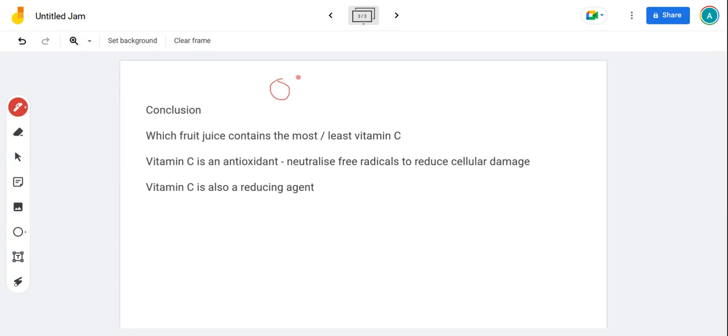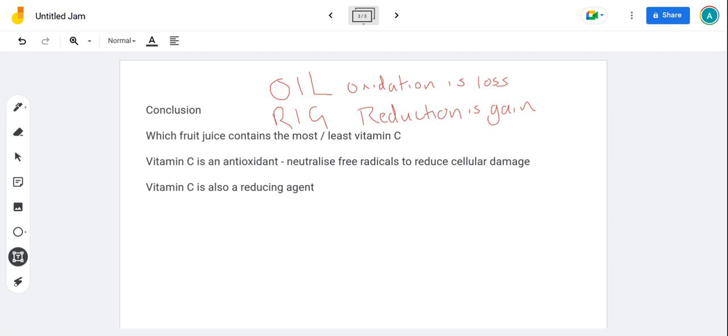So oxidation is loss of electrons. Reduction is gain of electrons. Okay, oxidation is loss of electrons. Reduction is gain of electrons. So if vitamin C is a reducing agent, that means it reduces other things.